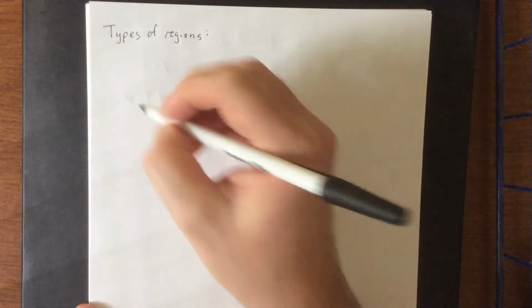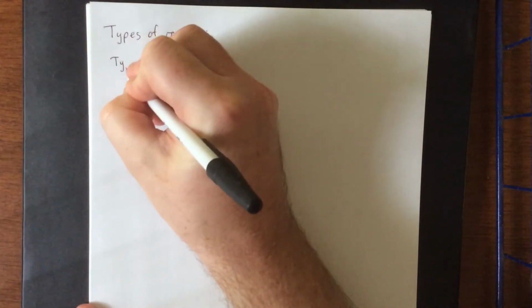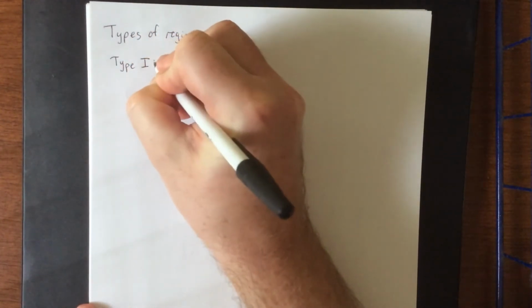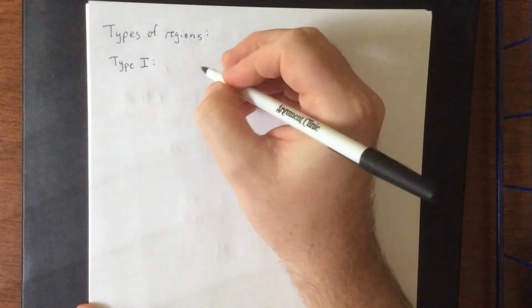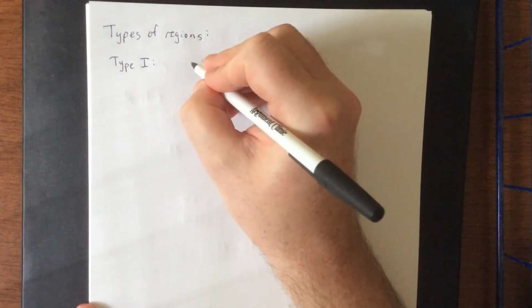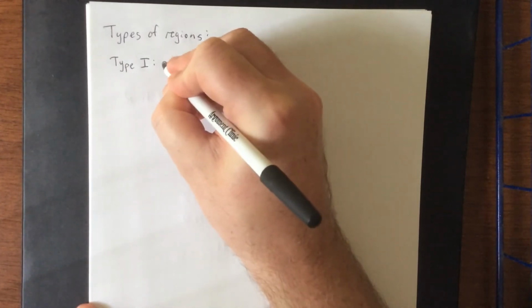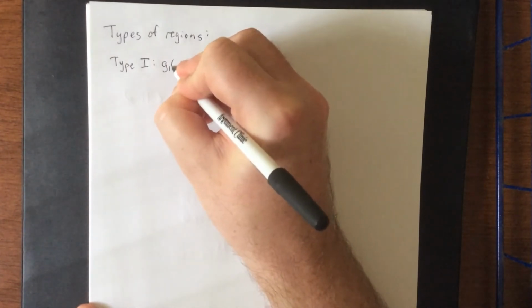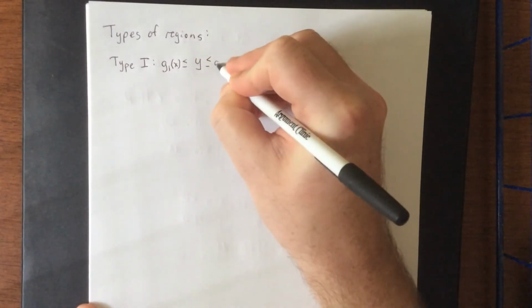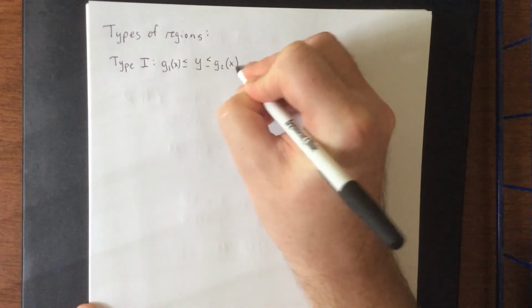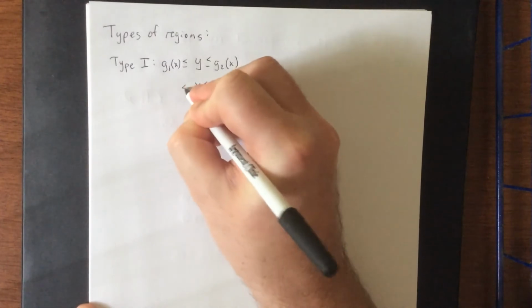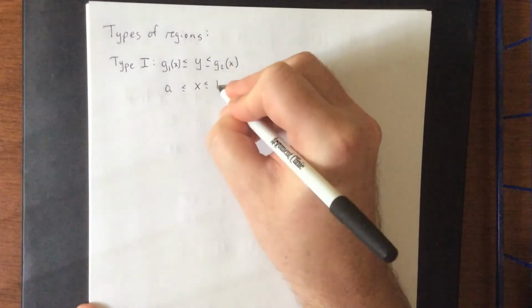It can be both. It can be a multitude of different possibilities. So a type 1 region in the xy plane is going to be defined in terms of inequalities. So suppose that y is bounded between two functions of x. We'll call them g1 of x and g2 of x. Then x will be bounded between a and b.